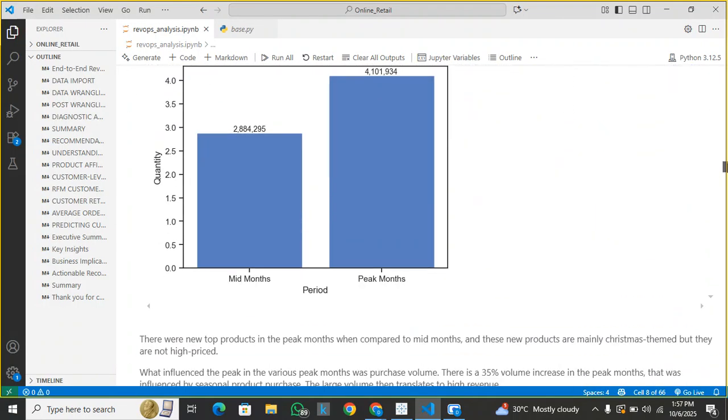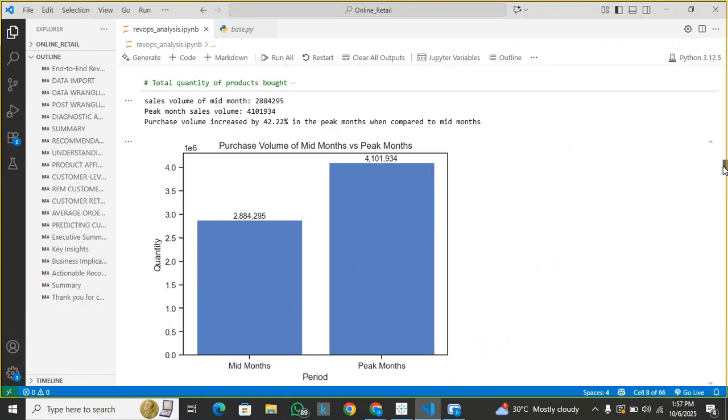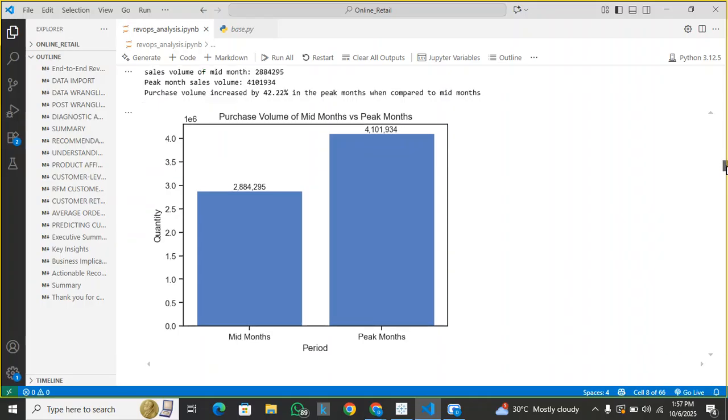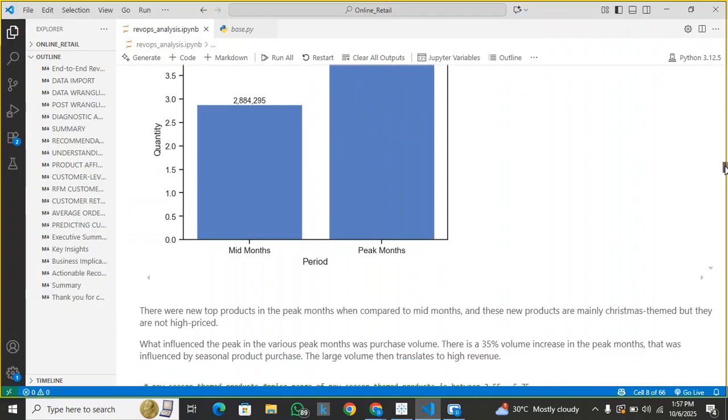Excuse me, the purchase volume increased by 42% when compared to the mid months. The peak months had a 42% increase in volumes. That is really high, considering the spike in our revenue trend.